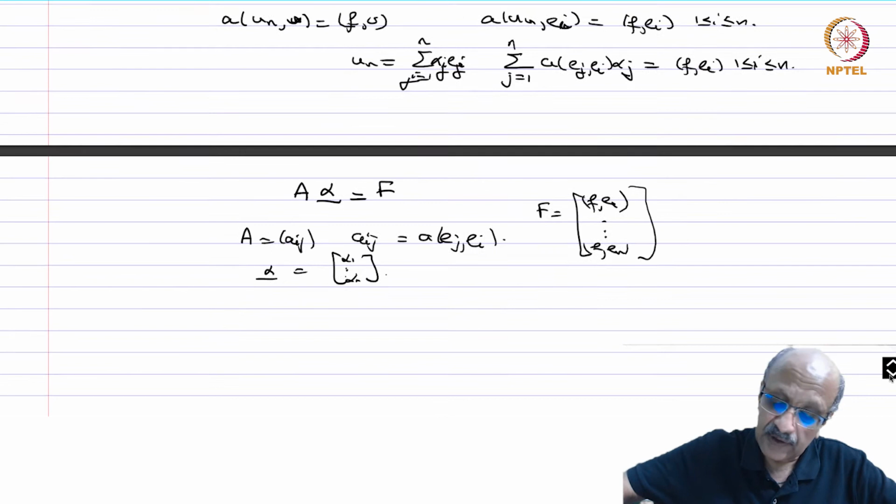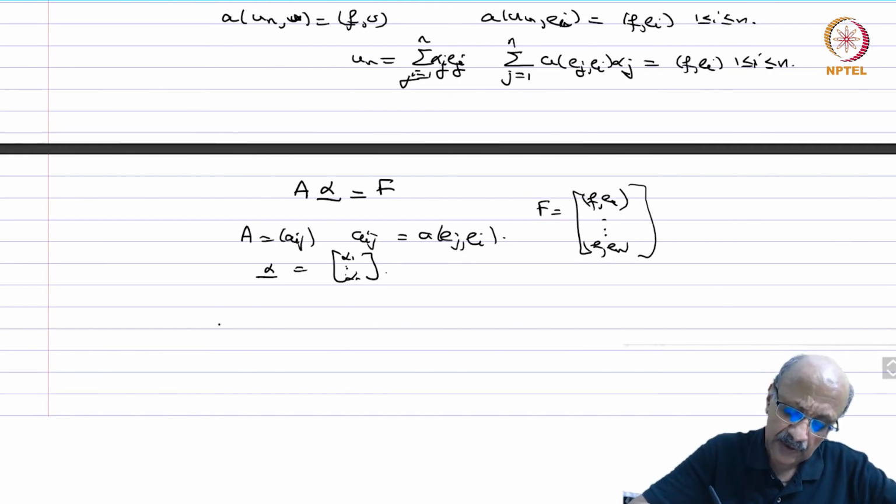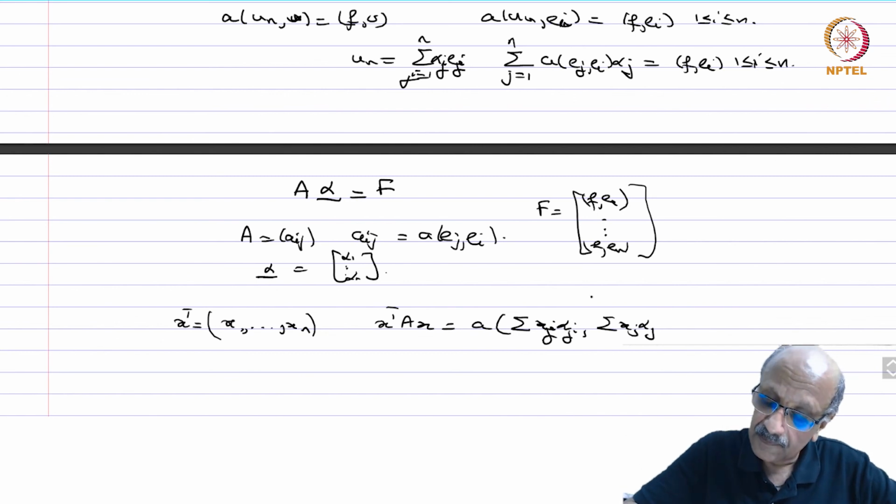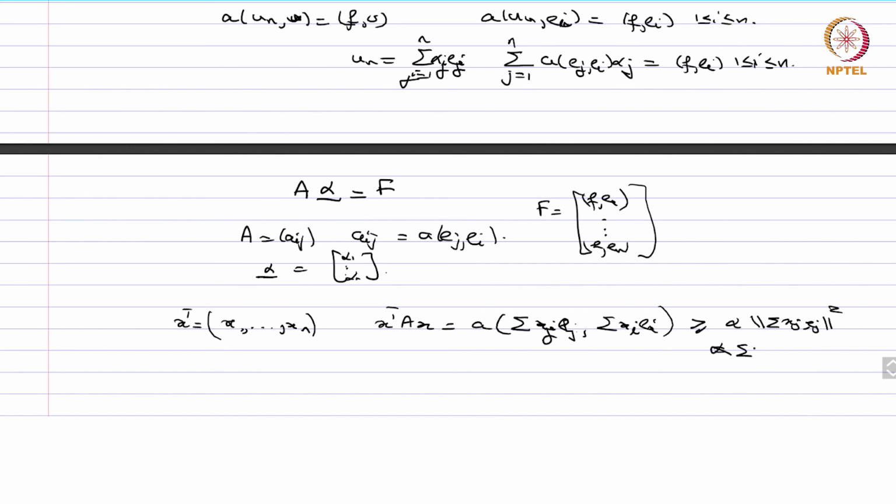So if you solve this linear system, you will get the alphas, so you will get un, and that will prove it. All you need to show is that this matrix A is invertible, which it is, because if you take any x equals x1, x2, ..., xn, then x transpose Ax is nothing but A(sigma xj ej, sigma xi ei), and therefore this is greater than or equal to alpha times norm of sigma xj ej squared, and that equals alpha times mod x squared, where mod x squared is sigma of mod xi squared.